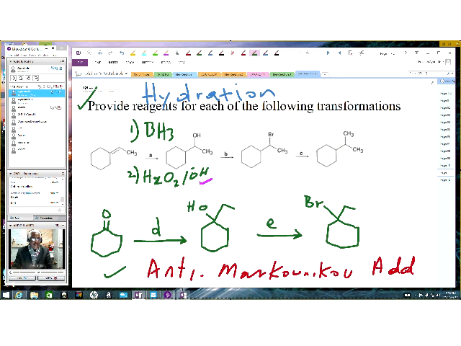And this we call hydroboration. So this is the reagent that you need to use anytime you want to add water across the carbon-carbon double bond, in which the addition will be anti-Markovnikov. So keep that in mind.